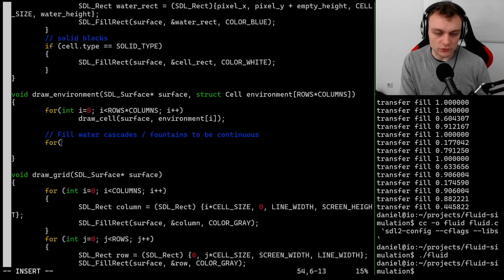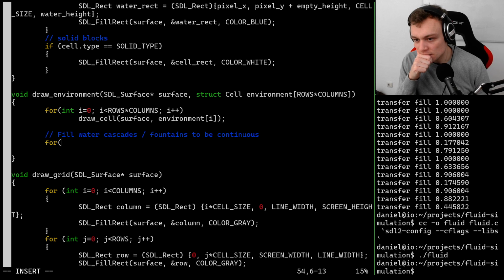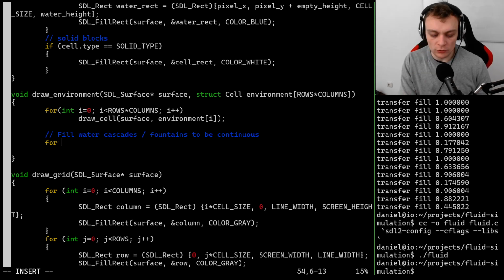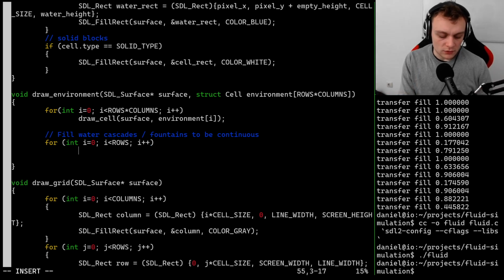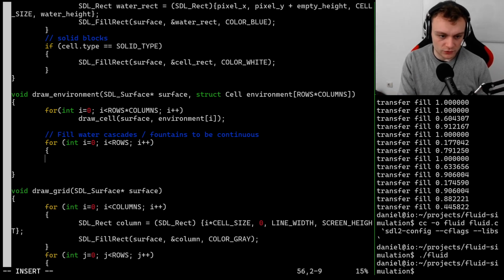So I would like to loop over the rows, so going down the rows, and of course also looping over columns.